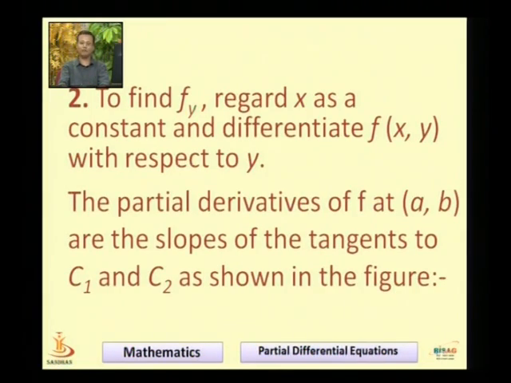Similarly, to find f_y, regard x as constant and differentiate f of x, y with respect to y. Here the rules for differentiation are the same as those used for ordinary differentiation.